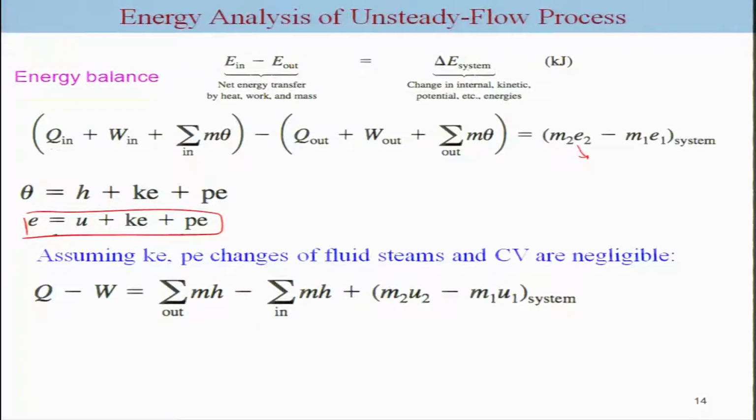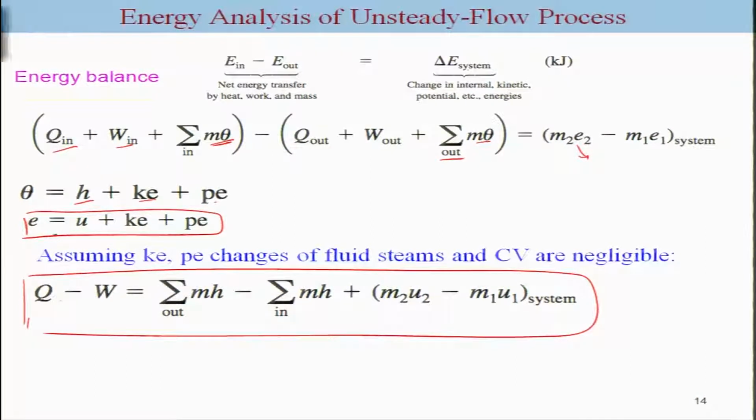Whereas, E in is Q in plus W in plus summation of m theta, where theta contains h because it is a flowing fluid, plus ke plus pe, whereas for the outlet it is Q out plus W out plus summation of m theta for the outlet. Okay. Now, assuming pe and ke changes are negligible, you can write down the generic expression in this form.